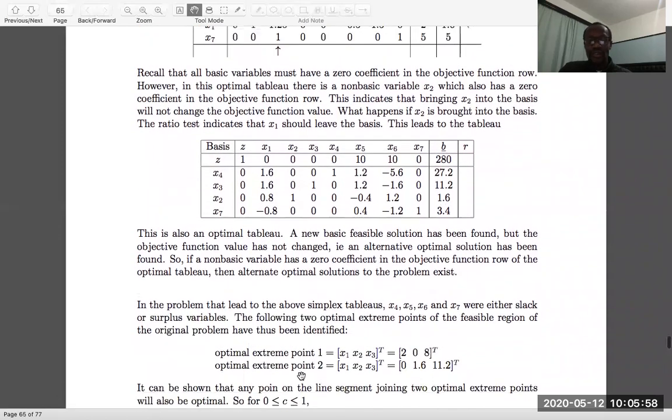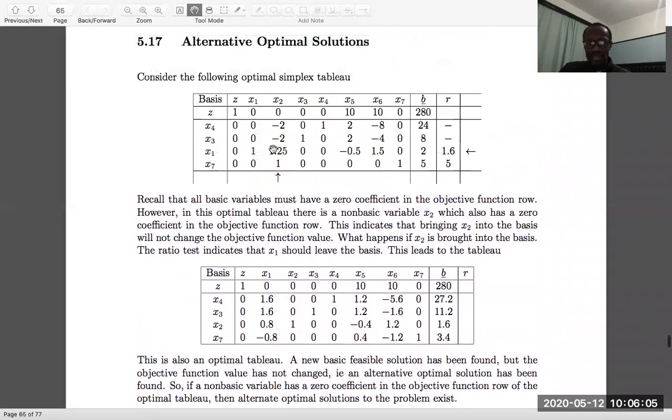Of course, you see that the first optimal solution was 2, 0, and 8, right? So we have that this one is a 2, this one is 8, and this one is 24, then 0, 0, and this is 5.